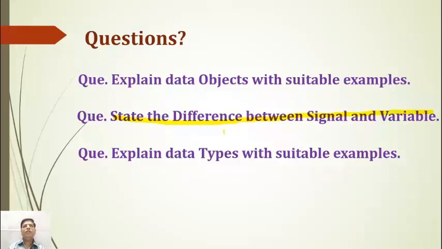We have already studied the 7 points between signal and variable; you are going to explain with those. Then next, explain data types with suitable examples. So these are the 3 questions you have to study properly, as it may help from your university examination point of view.